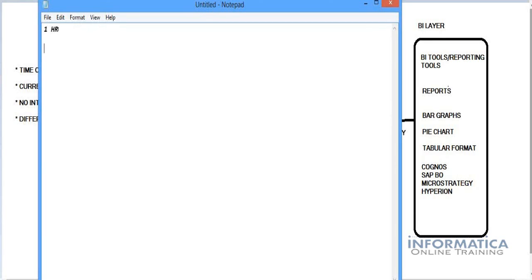Depending upon the scenario, we may go to 1.5 hours sometimes. It's a 25-day course; it may take 25 to 30 days.